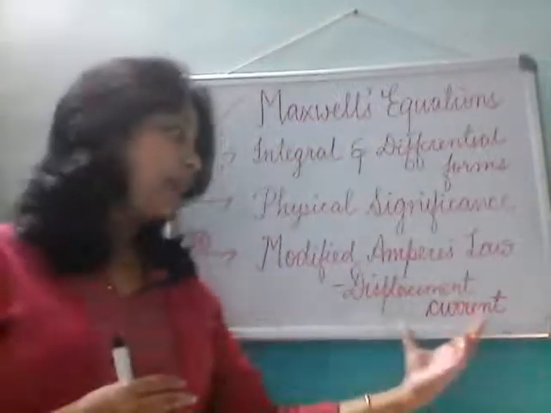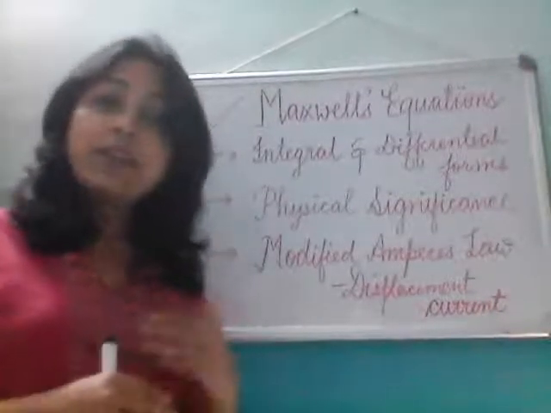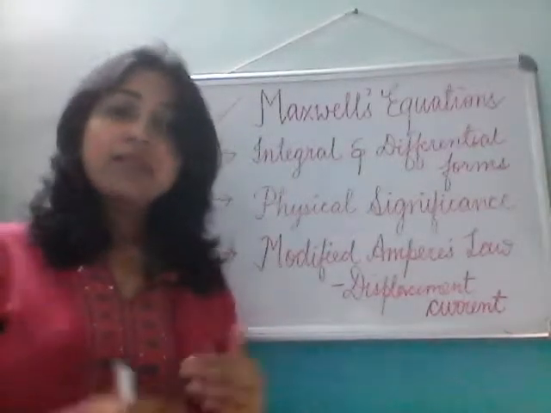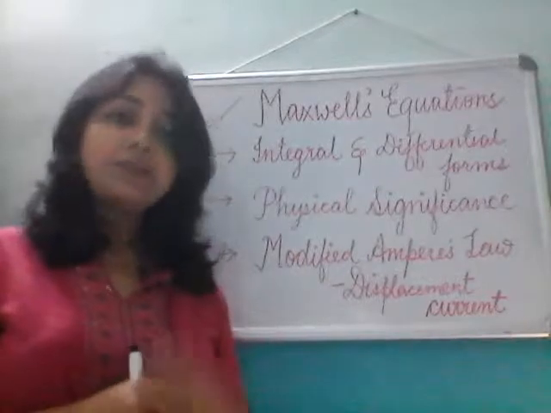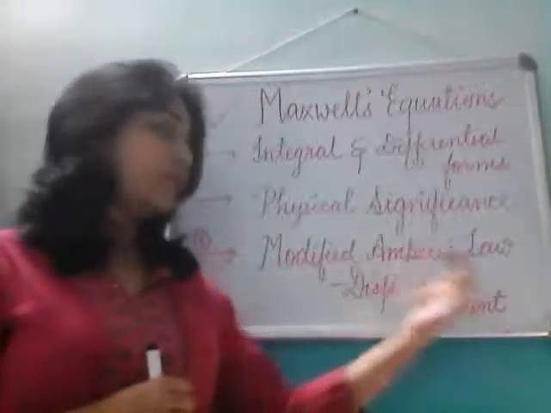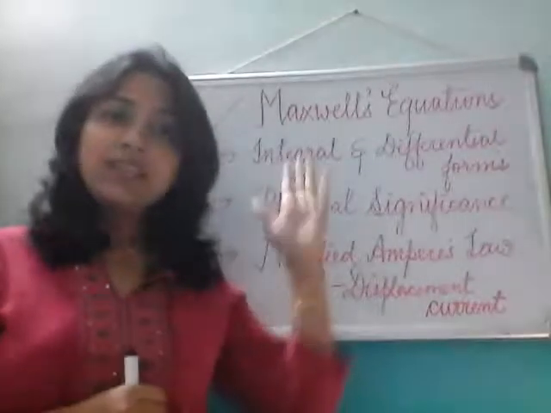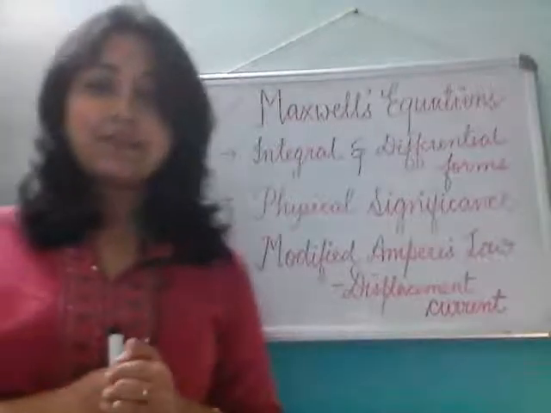While bringing in the displacement current, we essentially modify the earlier law, Ampere's circuital law. This was done by Maxwell, and that is why the modified Ampere's law finally comes in as our fourth Maxwell law. So these are the things that we are going to cover in today's class.